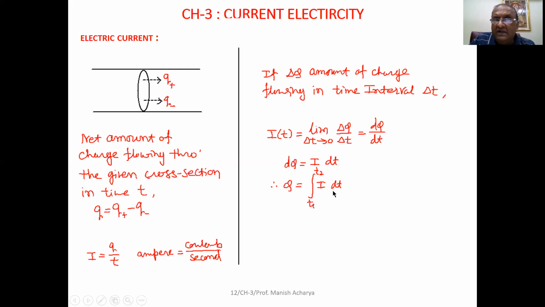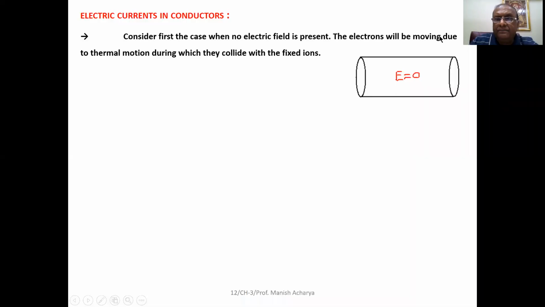Now, if we integrate on both sides, then the integration of dq is q, which equals the integration of I dt between the limits t1 to t2. So this equation will give you the amount of charge flowing through any cross section of the conductor in the time interval t1 to t2. Clear to all of you?